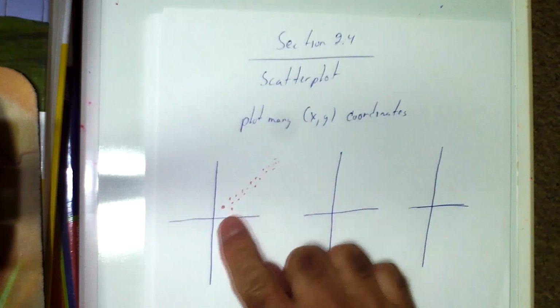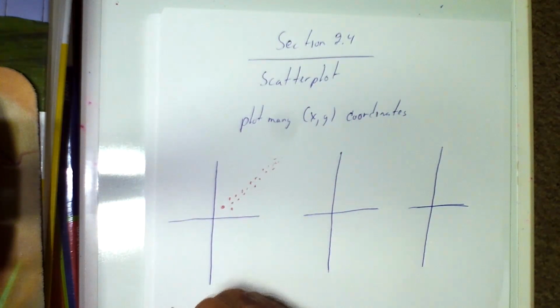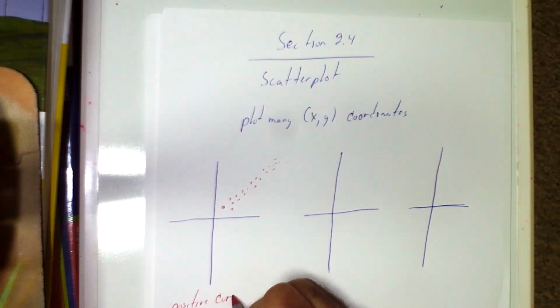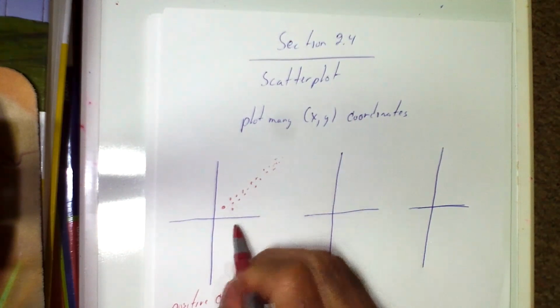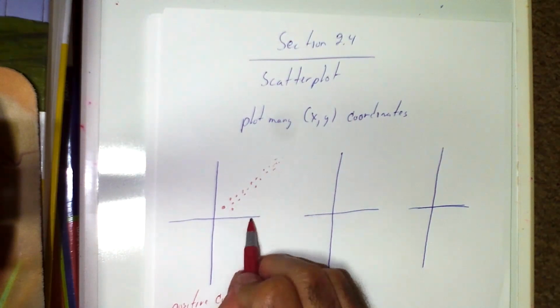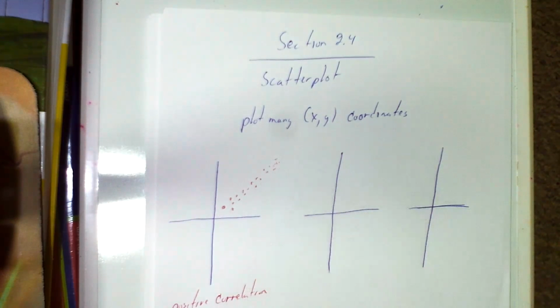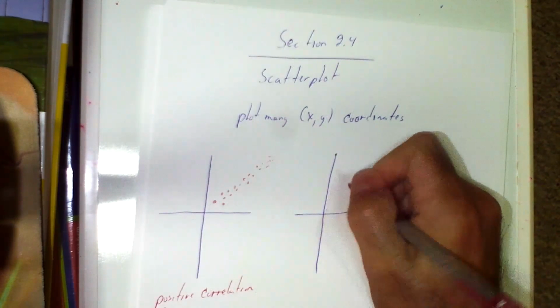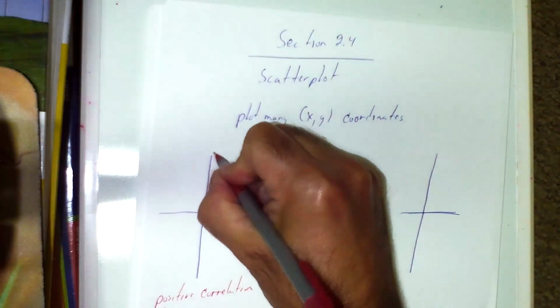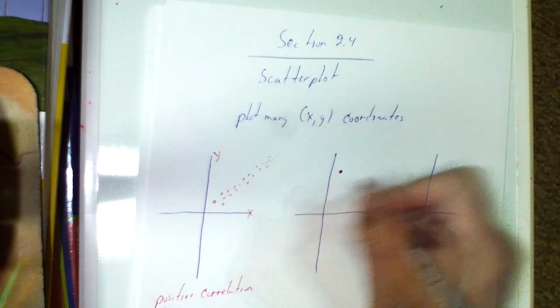We say that this has a positive correlation. For example, the number of times you go out and eat at a fast food restaurant and your weight, of course, that's going to increase. This is your y, this is your x axis.